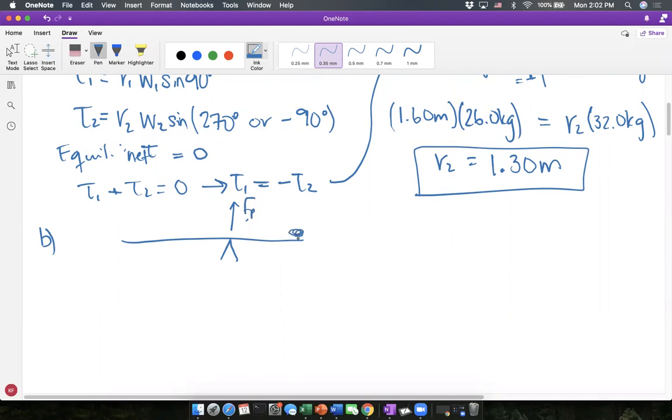We have some weight here and a weight here. And we know that since it's at equilibrium, there should be a net force that equals 0. So we're going to go off of this idea in order to solve for our pivot point force.